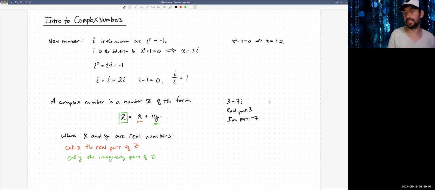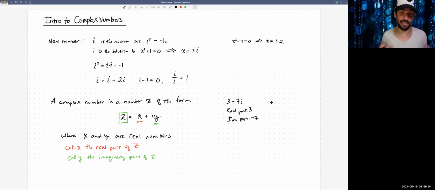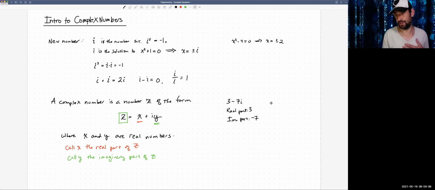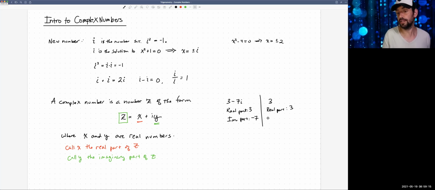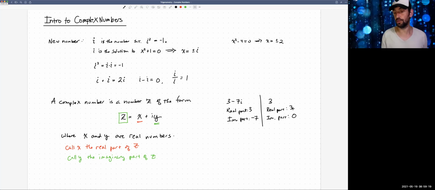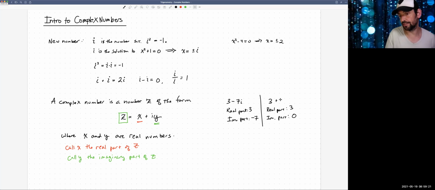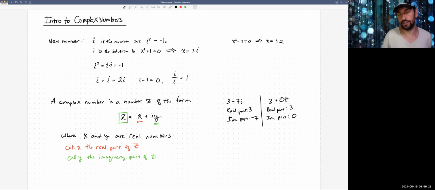We could also do something like, if we're dealing with complex numbers, we might have the number 3. This is the complex number with the real part 3 and the imaginary part 0, right? So in reality, I could think of this as plus 0i, or i times 0.